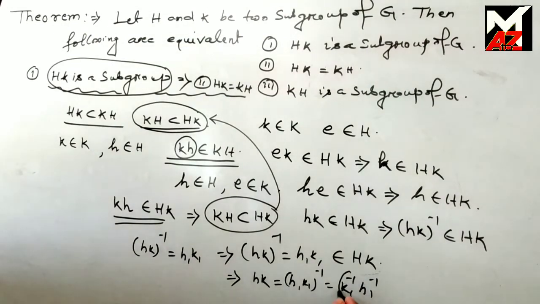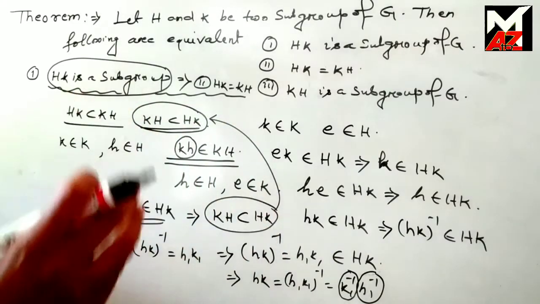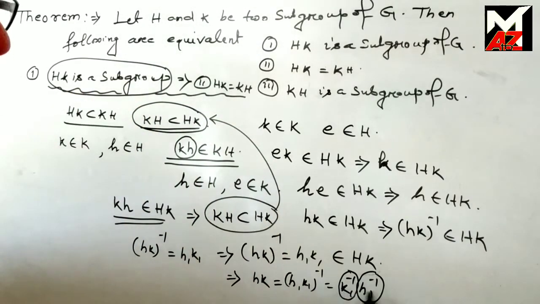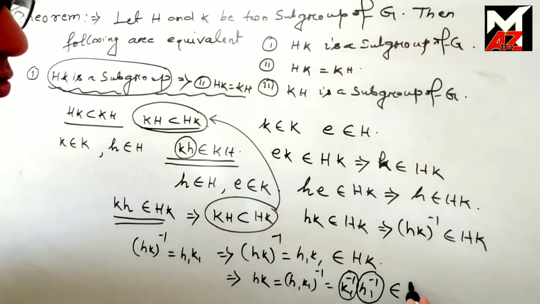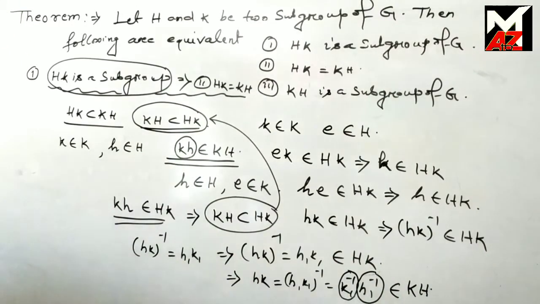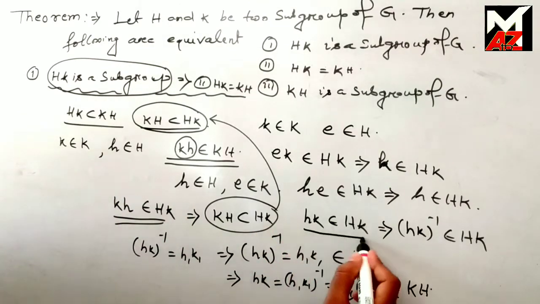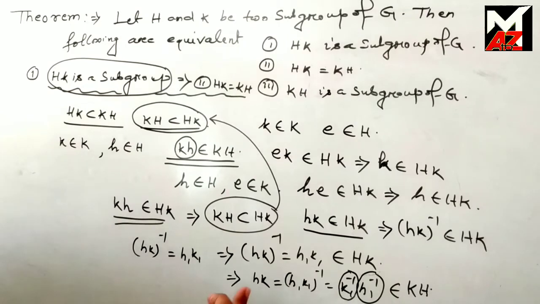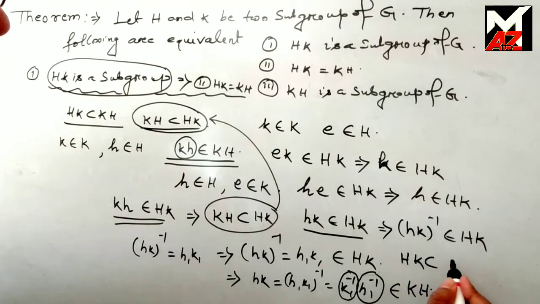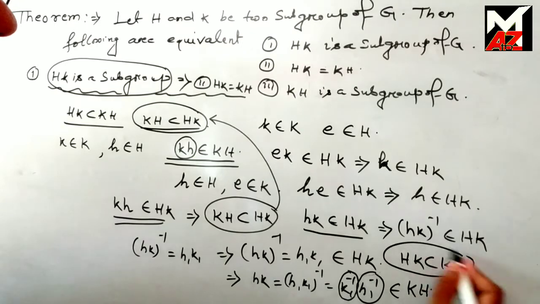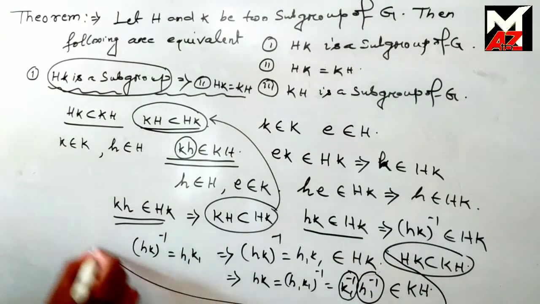This element k1 inverse must be an element of K, and this element h1 inverse must be an element of H. So the whole element must belong to KH from the definition of KH. Now we start from hk belongs to HK and end at hk belongs to KH. So we say that HK is a subset of KH, and this is our second target.